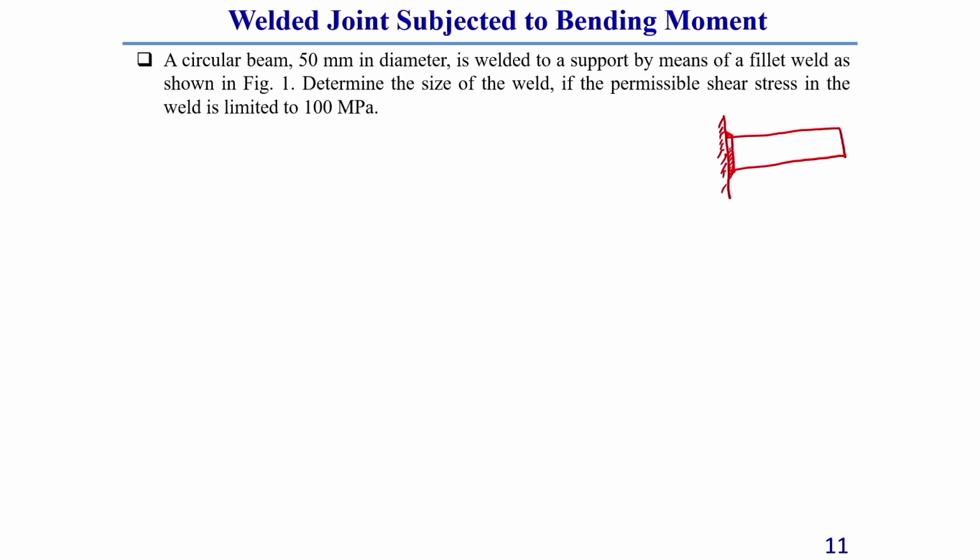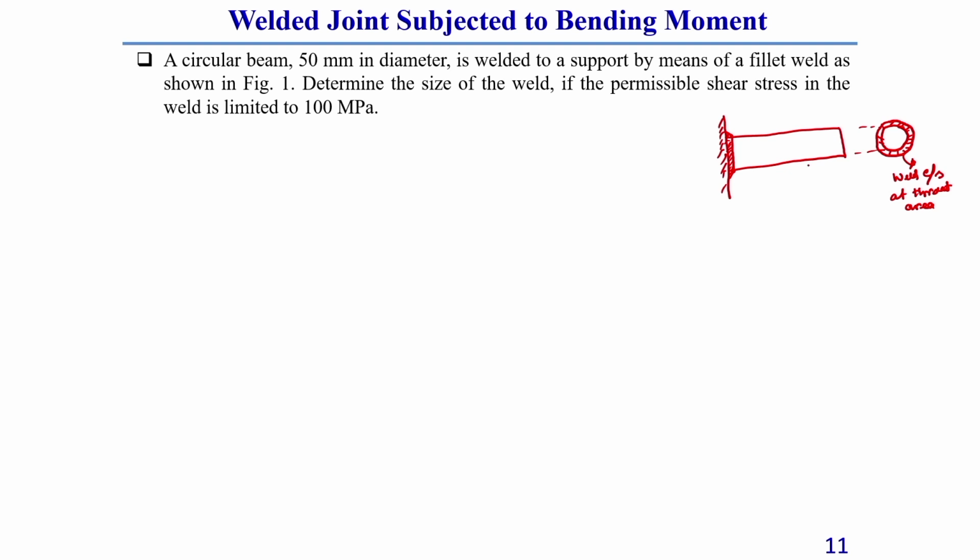If you take the cross section of this shaft, in three dimensions, you will get the shaft diameter, and outside this shaft diameter there is a weld. Let this be our weld cross section at the throat area. This I am just showing.